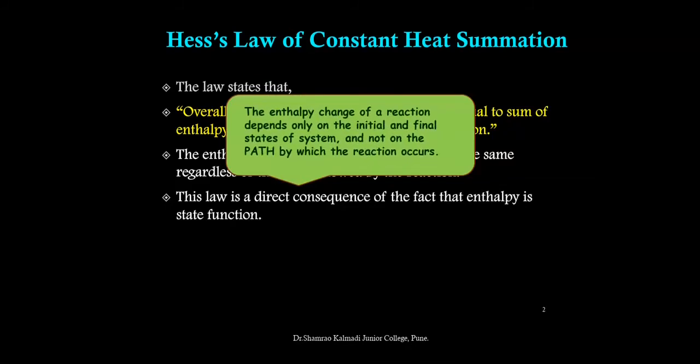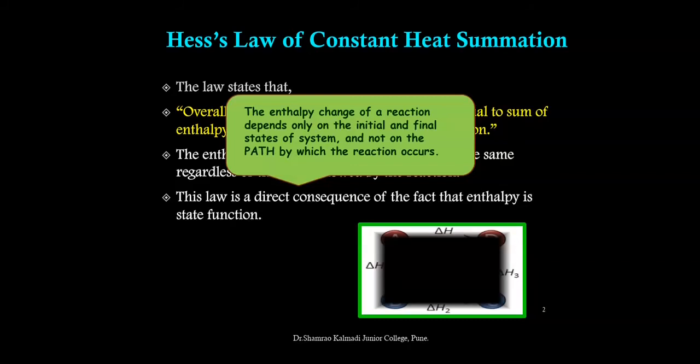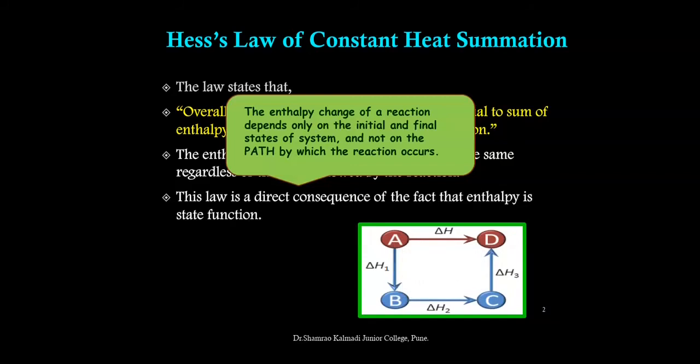That is, the enthalpy change of a reaction depends only on the initial and final states of the system and not on the path followed by the reaction. This can be illustrated in a diagram.